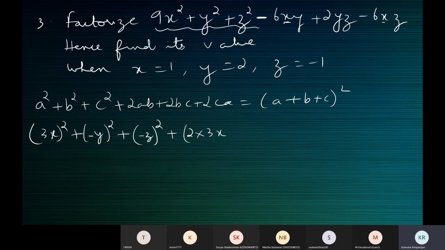Of these 3 terms, 2 terms are negative. So fix a minus sign to the x term, or fix a minus sign to the remaining 2 terms, the y and z terms.